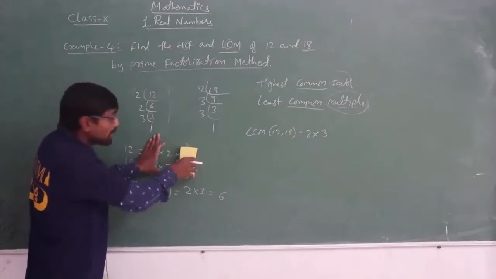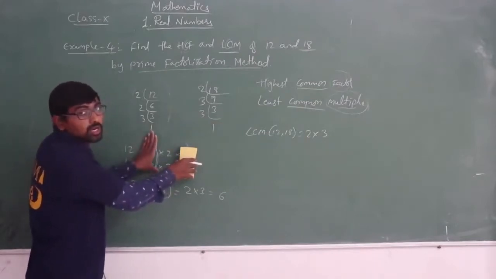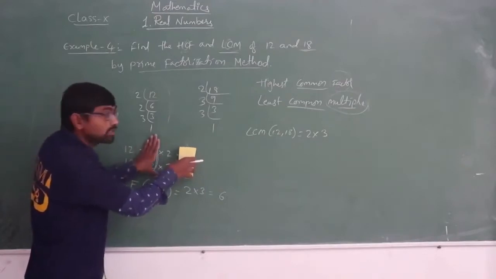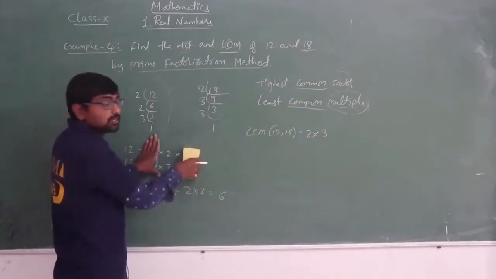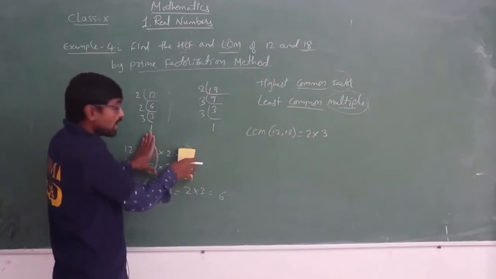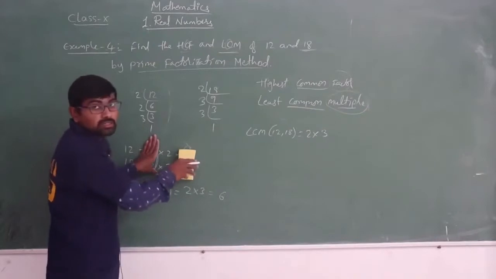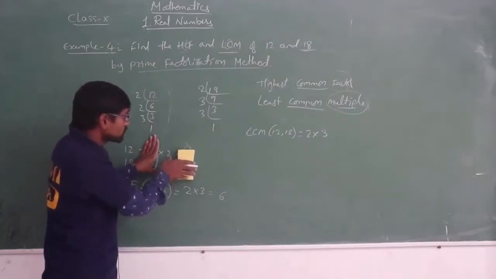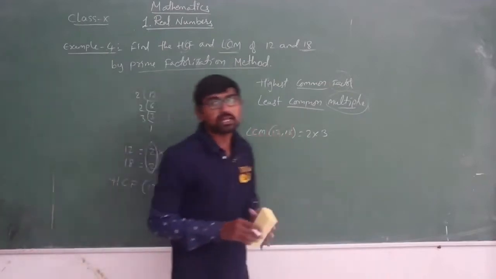So I have to multiply those also in the multiple. Hope you all understood. First we write all the common factors, and besides that, we again check whether any number is present in the prime factors or not. So here 2 is also there and 3 is also there separately. So we have to multiply that again.